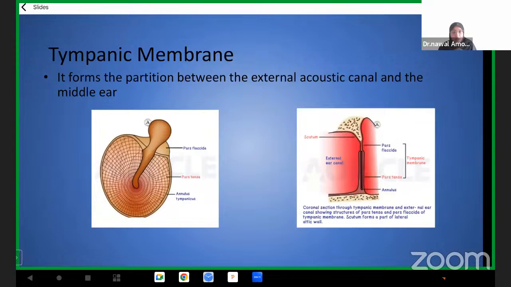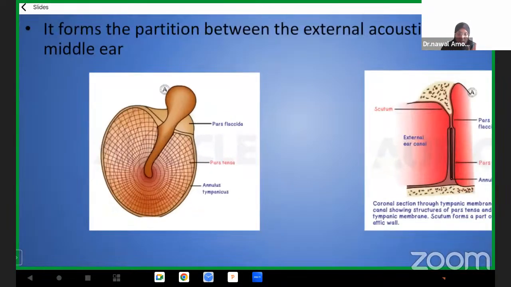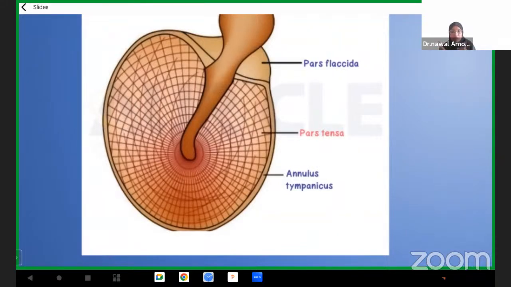Now, third question for the day is tympanic membrane. What is tympanic membrane? Tympanic membrane is a partition between your external acoustic canal and your middle ear. So here in the diagram, for this question, you have to draw the diagrams.